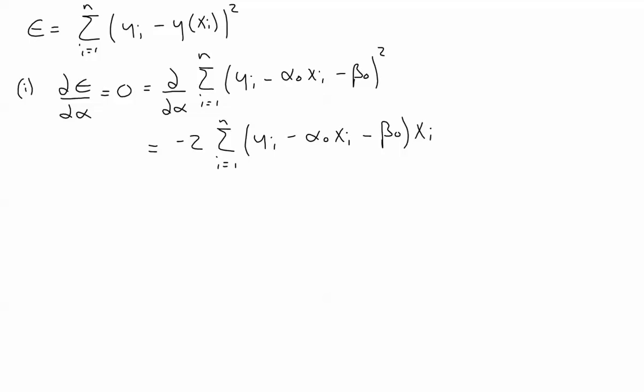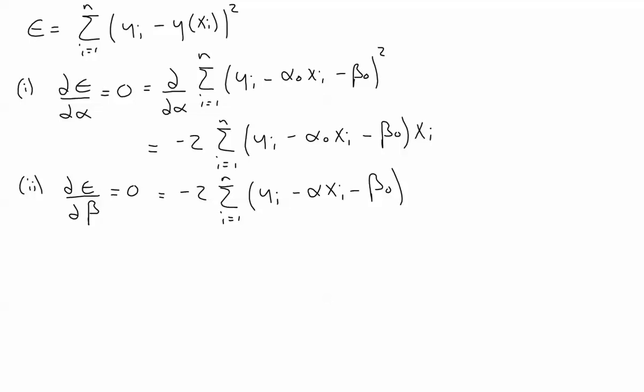Similarly, this is my second equation. I'm going to take a derivative of epsilon with respect to beta, and I'm going to set that equal to 0. And just like above, I get a minus 2 times summation i equals 1 to n of y sub i minus alpha naught x sub i minus beta naught.